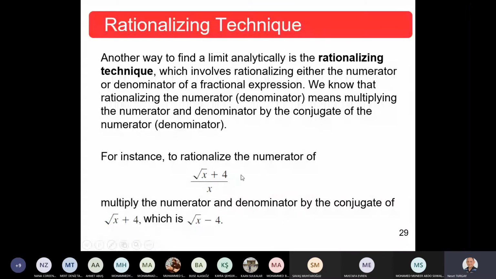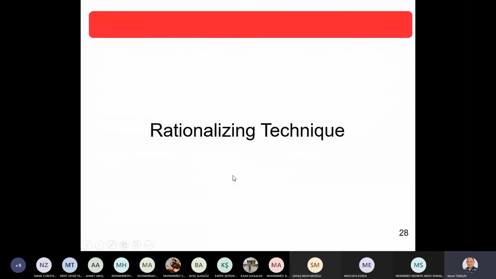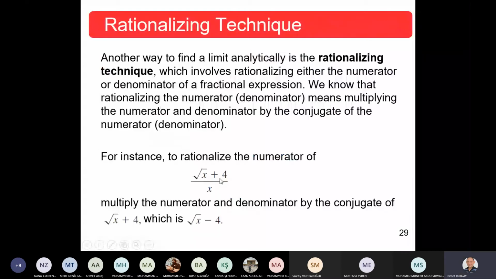If you multiply numerator and denominator, this expression will not change, because root x minus 4 over root x minus 4 is 1. It doesn't change, but then you can get rid of the root.